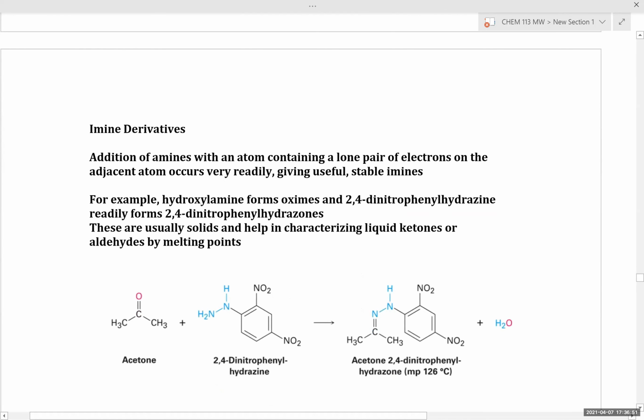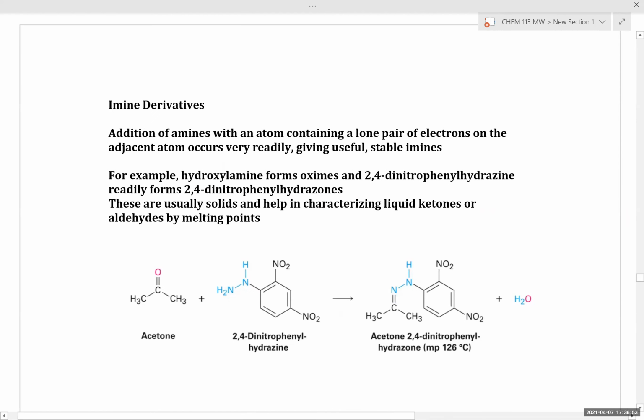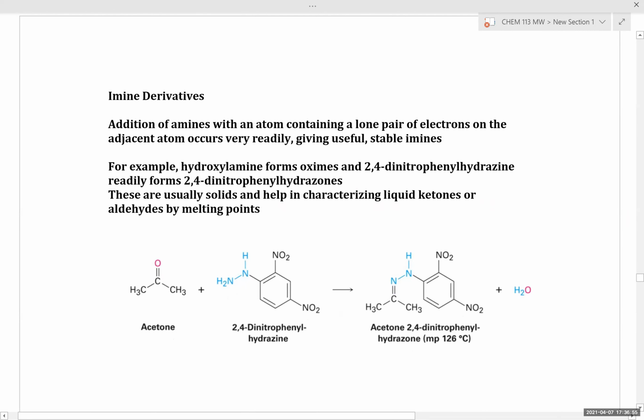So let's talk a little bit about one application of this imine formation reaction that we'll in fact see in laboratory today. And that concerns imine derivatives. Addition of amines with an atom containing a lone pair of electrons on the adjacent atom occurs very readily, giving useful, stable imines.